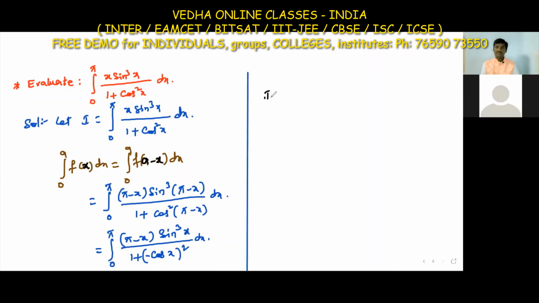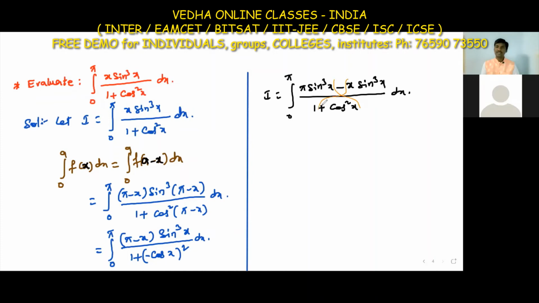Now I is equal to integral of 0 to pi as it is, pi minus x into sine cube x divided by 1 plus, minus cos x whole square is plus only, cos square x, and whole dx as it is. Now I separate the denominator for both the terms.